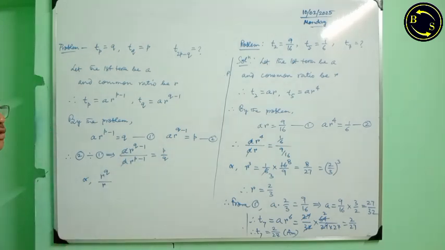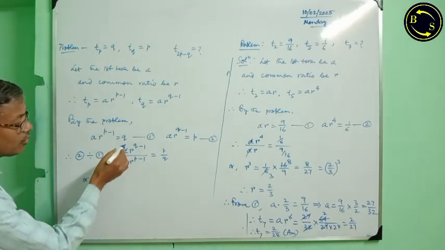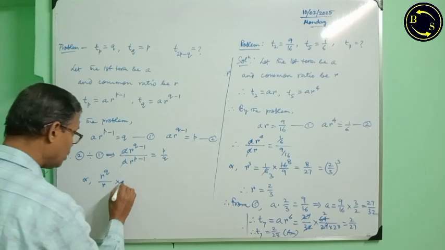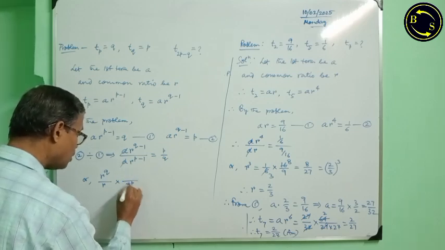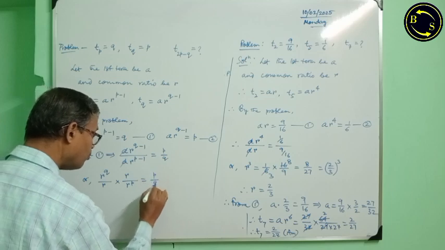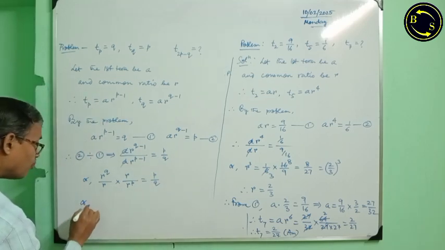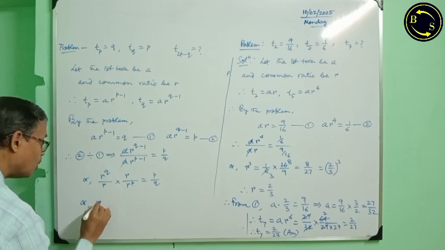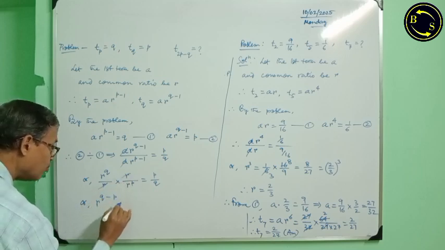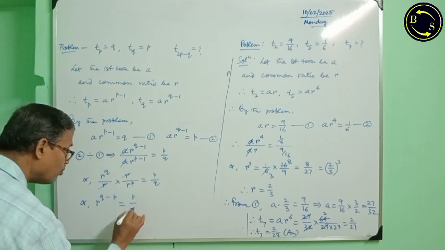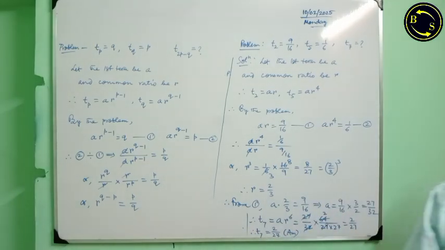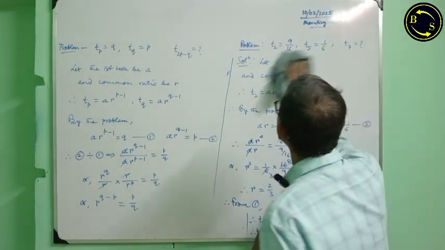R to the power Q minus 1 means R to the power Q divided by R, and these R's cancel, I get this result.